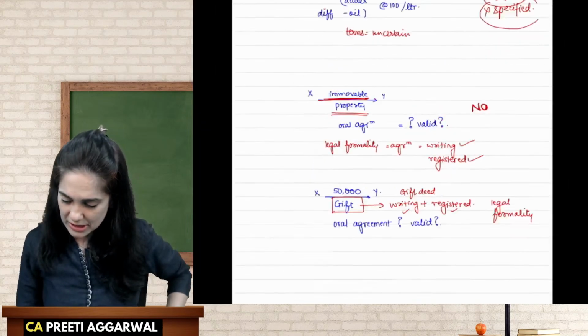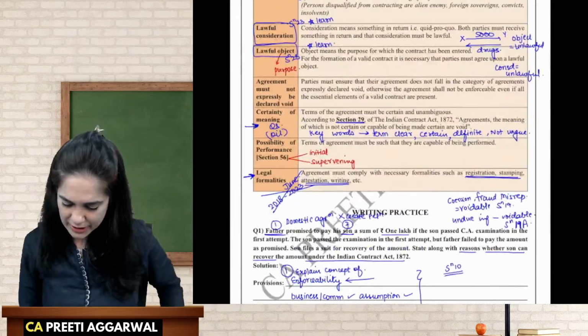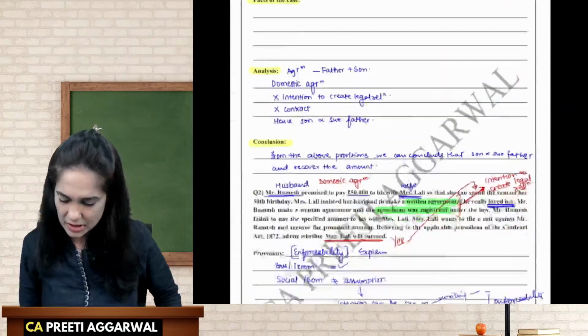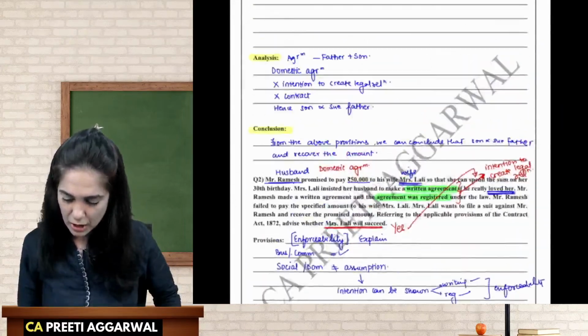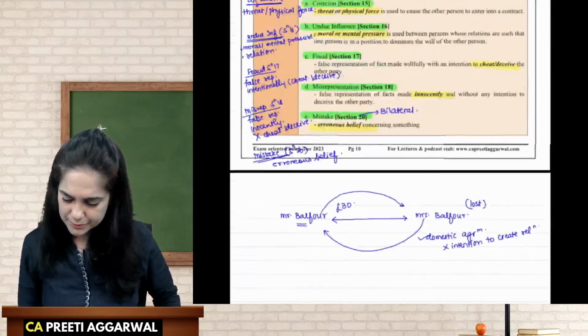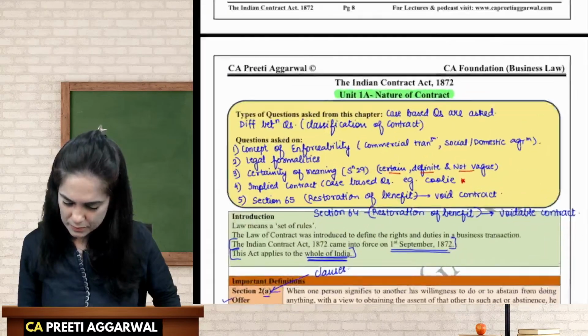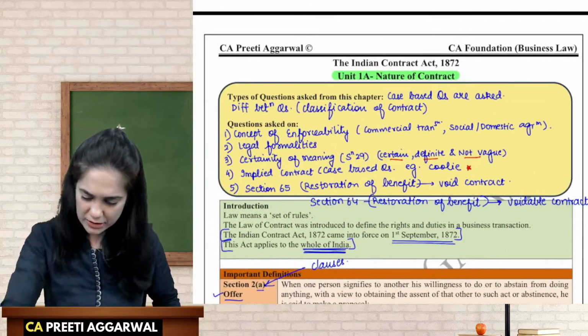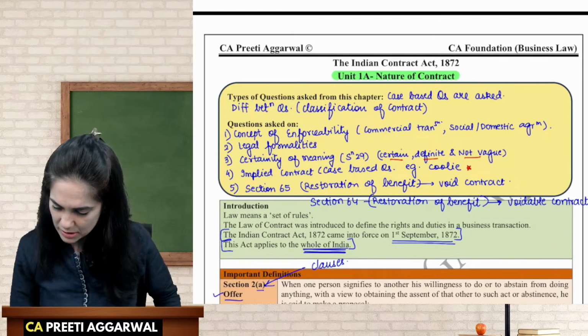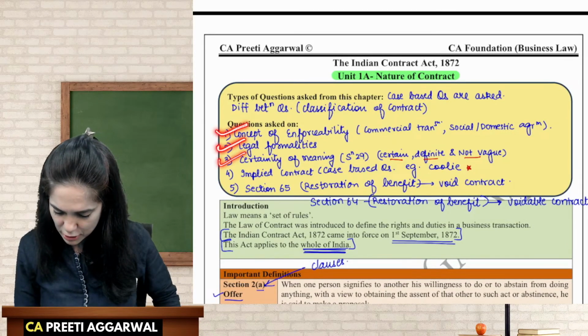So, these are the type of questions that can be asked on legal formalities. And I also discussed the case-based questions with you. Today we discussed the concept of enforceability, legal formalities, certainty of meaning.